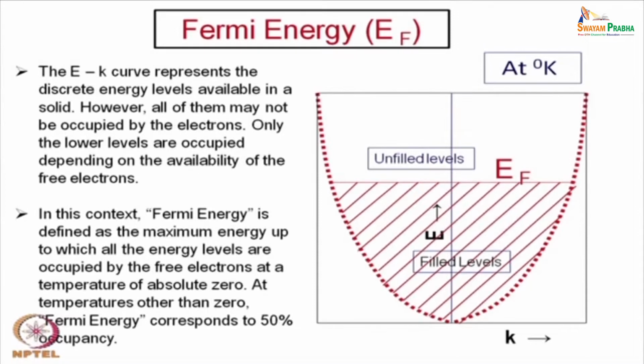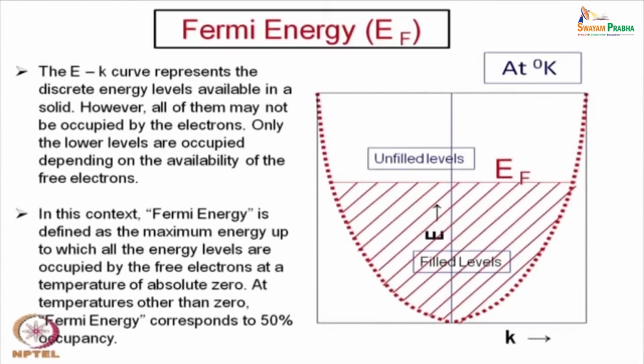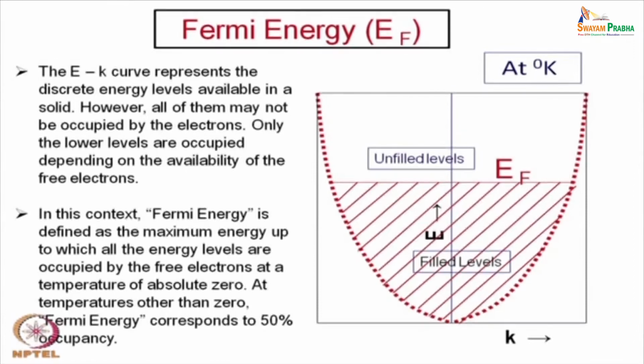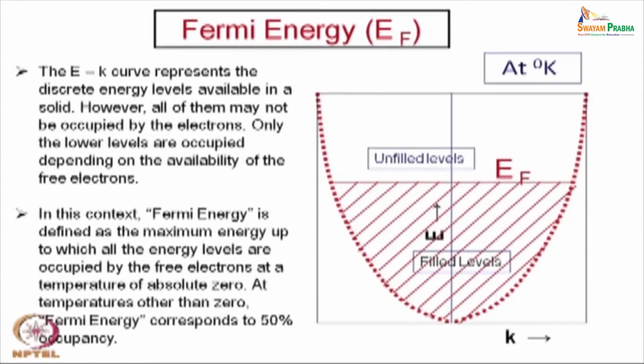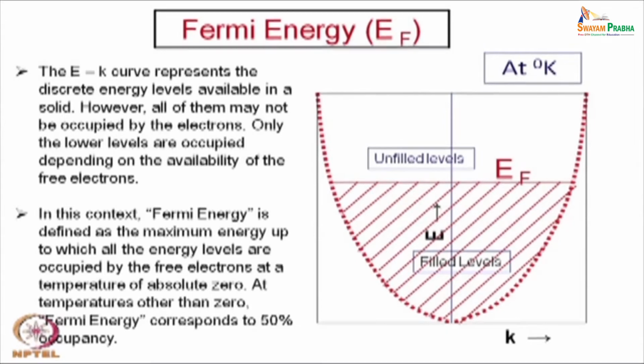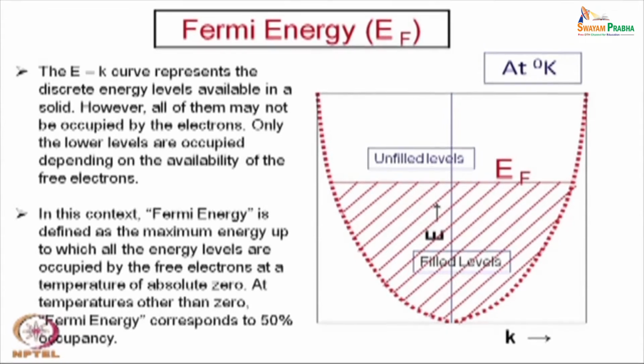That also depends on the valency of that particular element. Some of them are monovalent, some are bivalent, some are trivalent. So, if a monovalent metal is there, the number of electrons released will be less, whereas in a divalent metal, more electrons will be available in the same volume, and so on and so forth.